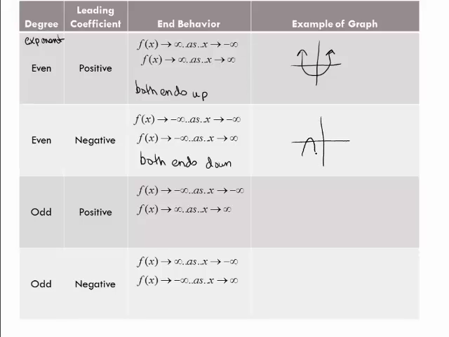So if we had a 4, both ends would go down. Now, if the exponent is odd and the leading coefficient is positive, what happens is as x is negative, the graph goes down, and as x is positive, the graph goes up.